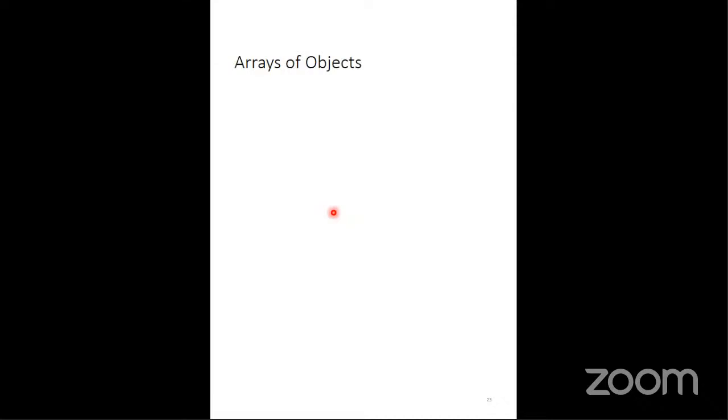All right, array of objects. This is something very interesting. So far, we have seen two examples, like array of integer, array of character. You can create array of float, array of double. More interestingly, you can create array of objects. Like suppose I have a student class, and if I want to store details of say 50 students, then what should I do?